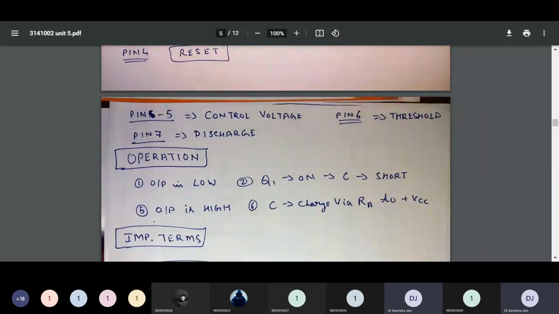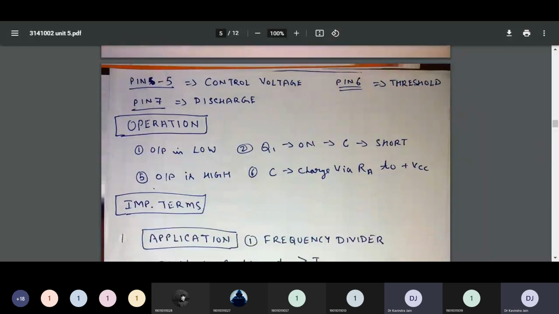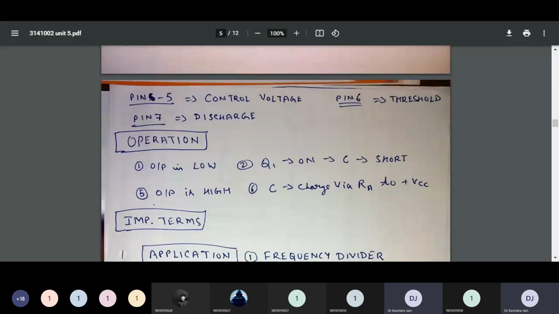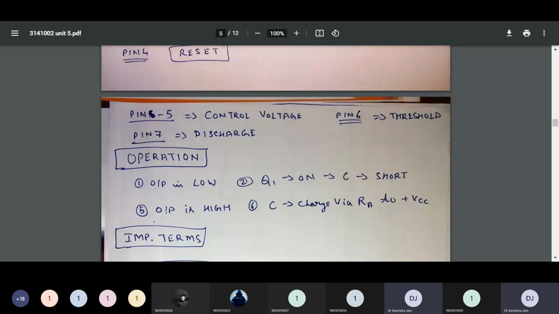Now, for all these 12 steps of the principle of operation, there are a few important points that are required to be followed strictly. Then and only then we will get the required output.